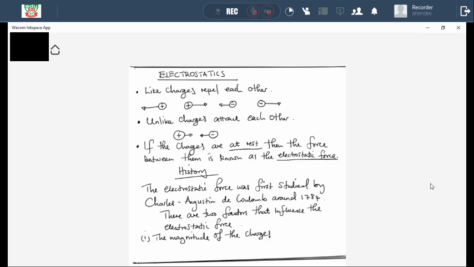So we can write a relationship which says the electrostatic force is directly proportional to the product of the two charges. If we increase either charge 1 or charge 2, or both, the force also increases. So we say they are directly proportional.